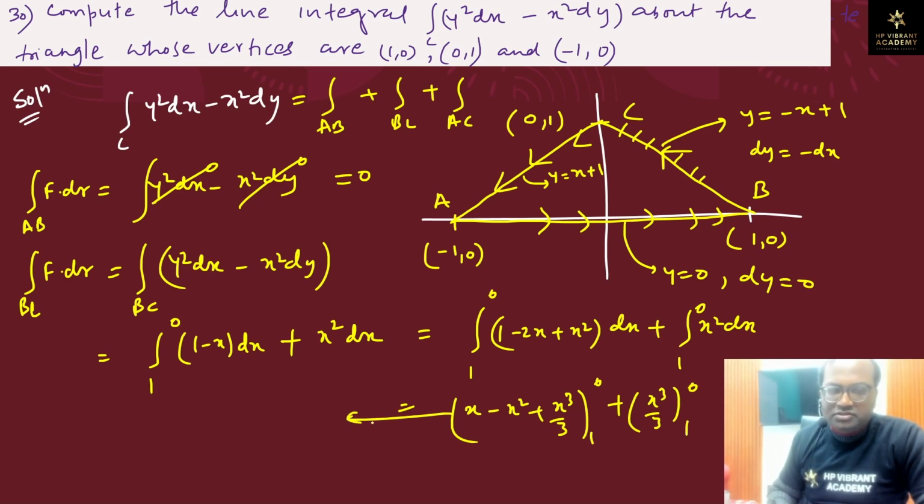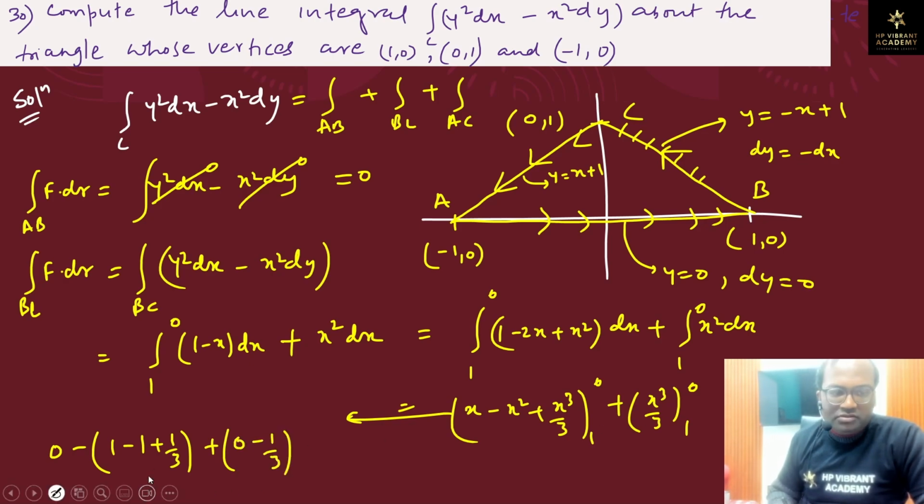Let us put the limits here. So this is 0 minus 1 minus 1 plus 1 by 3, plus 0 minus 1 by 3. So this gets cancelled and this is minus 1 by 3 minus 1 by 3. This is minus 2 by 3.